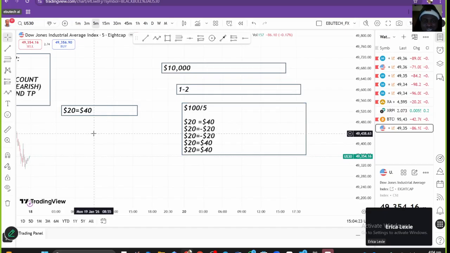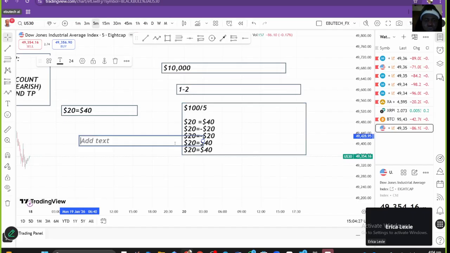We won 3 out of the 5 trades that we took, which is $120.